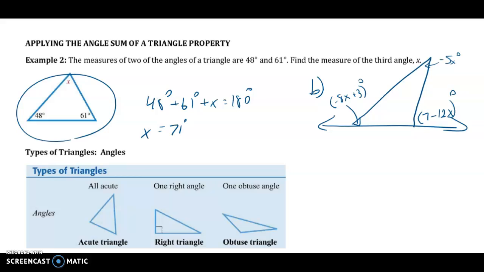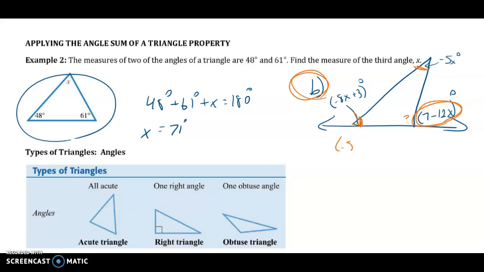Something else I'm going to add in here for part B: if you have a setup like this where you have a triangle, and I know this angle right here, I know this angle right here, and I know this angle out here, but I don't know what that angle is, that's okay. We can use the exterior angle theorem.